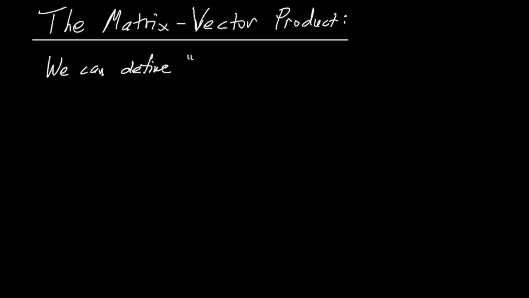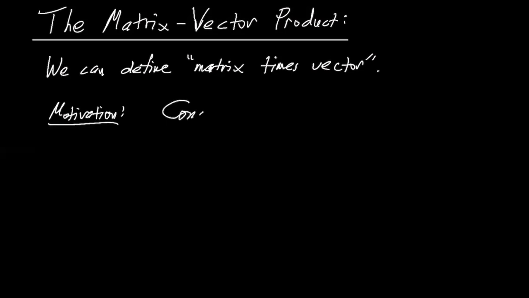matrix times vector. Not all the time, there'll be some conditions on that, but I want to motivate this though with a one-dimensional example. So consider something kind of dumb, like the equation 3x equals y.